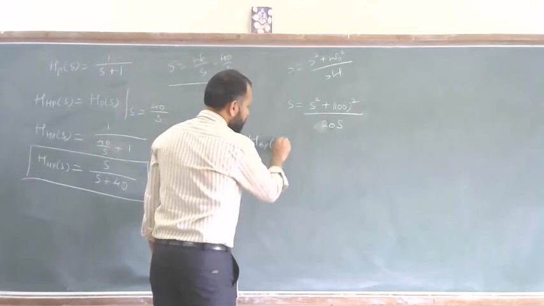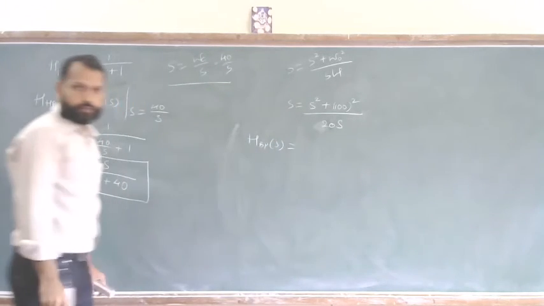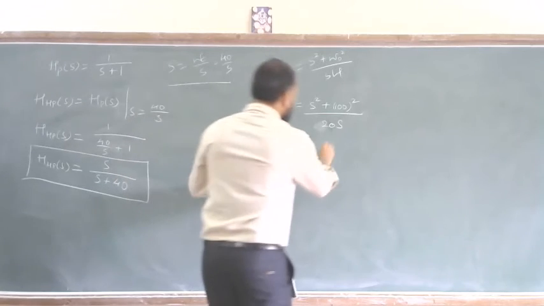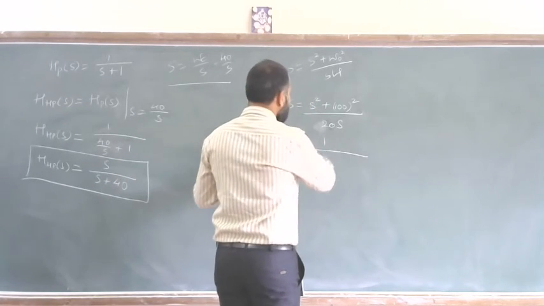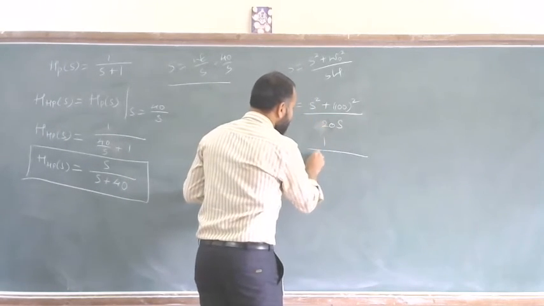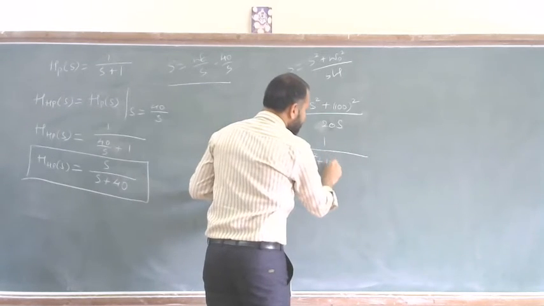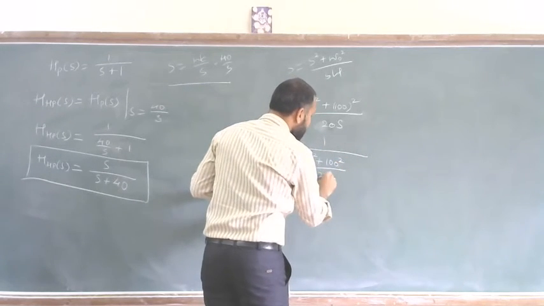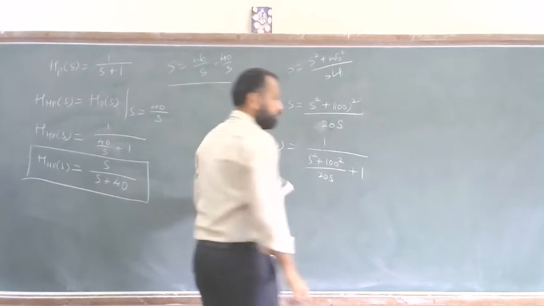HBP of S, the band pass filter transformation, will be 1 divided by, in place of S, we will be using this: (S square plus 100 square) divided by 20S, plus 1.